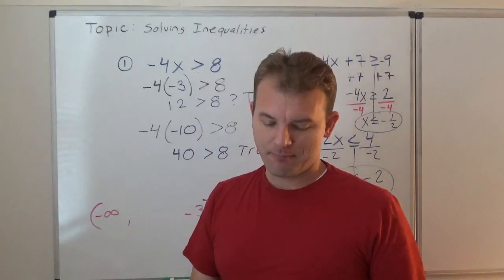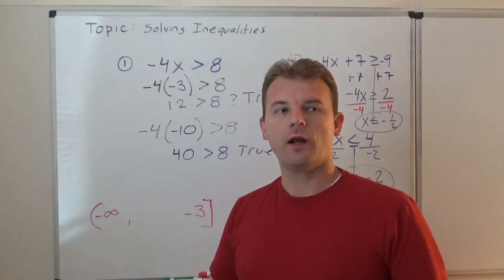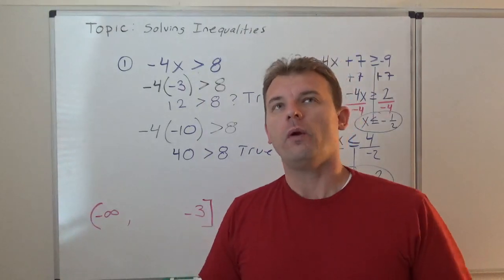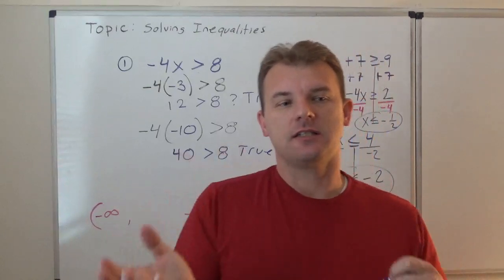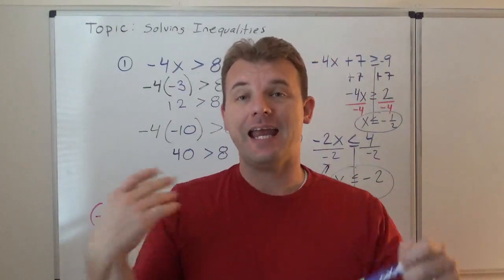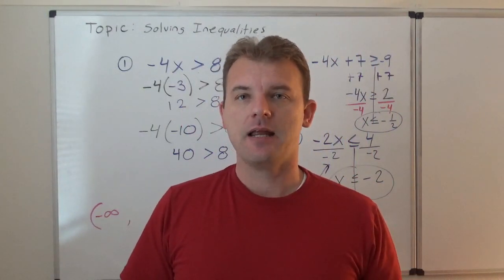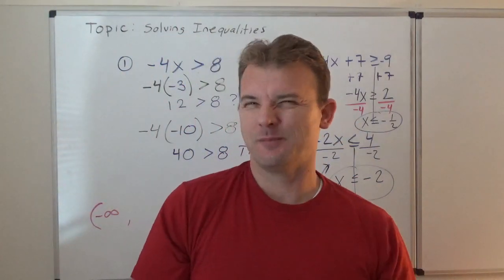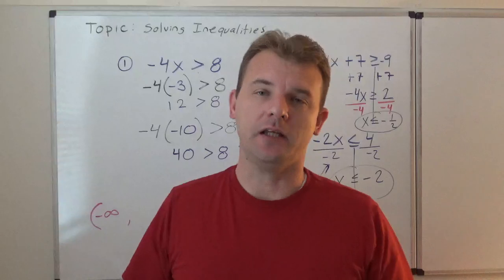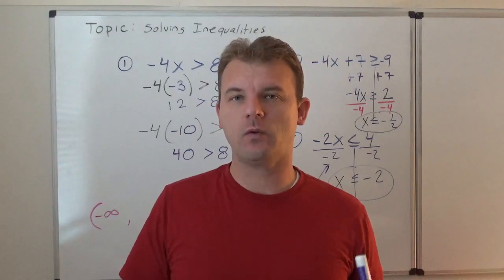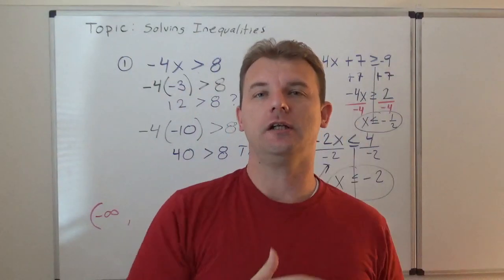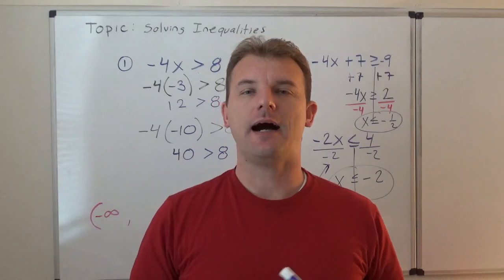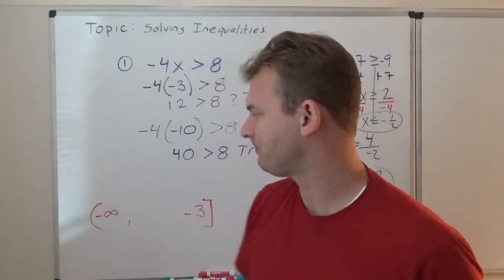And the reason is that when we multiply or divide by a negative number, sometimes it switches the problem around. And that's pretty much the simple explanation of inequalities. For inequalities, it changes the direction because it's doing the opposite effect.